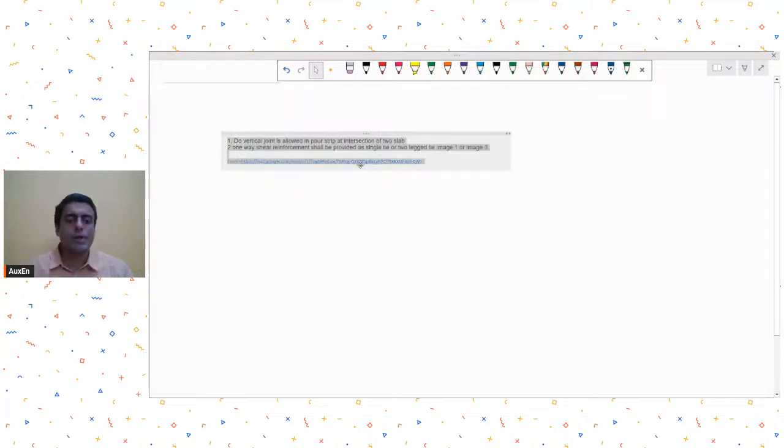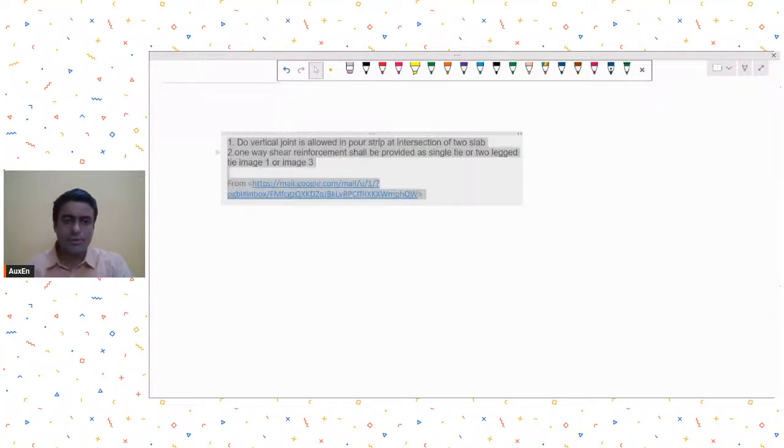He has shared some supporting images also. His first question is: vertical joint allowed in pour strip at intersection of two slabs?